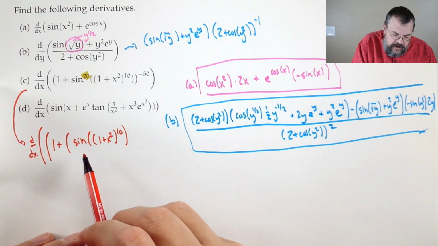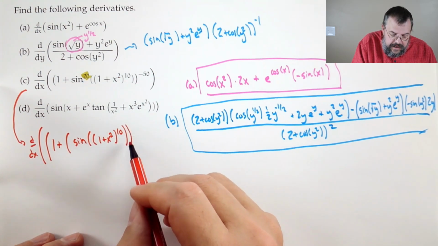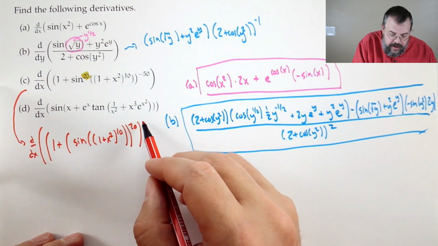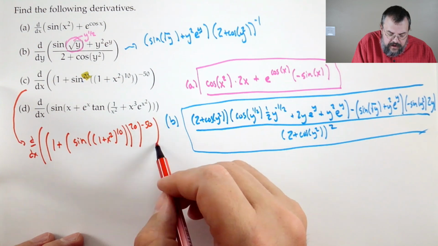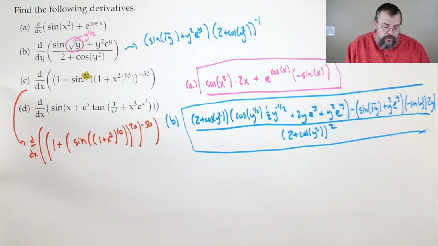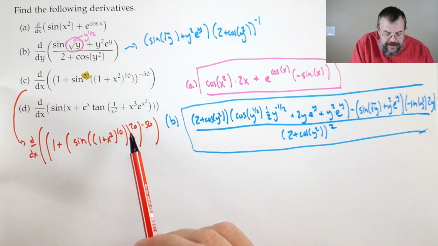I'm plugging 1 plus x squared to the 10th into the sine, and then we're taking that to the 20th power, and this 1 plus this sine to the 20th is to the negative 50th power, and then I have a close parenthesis. So when we put the 20 here, normally we would put it there. All right.